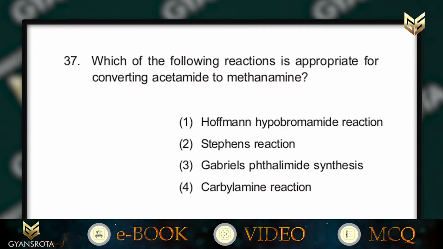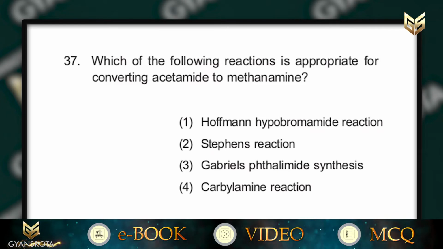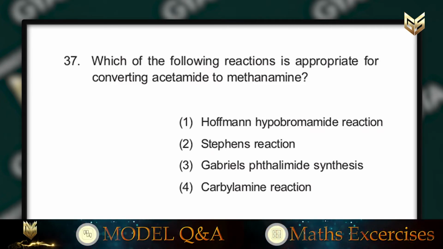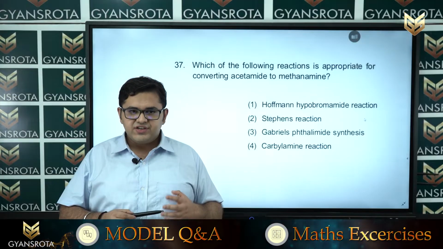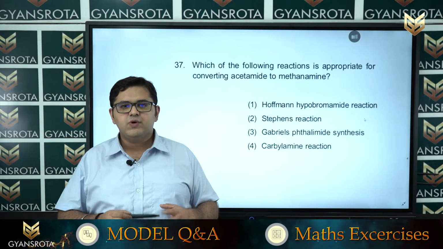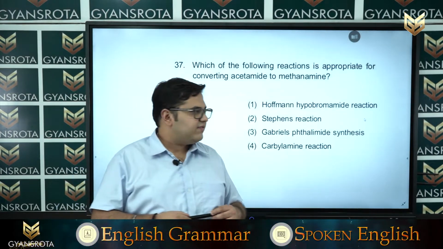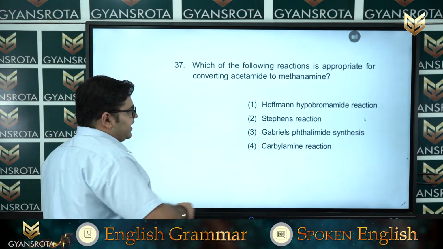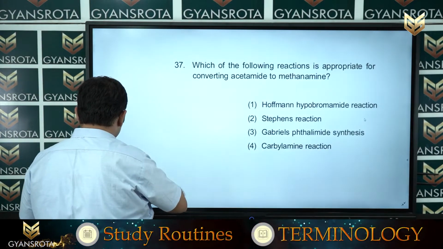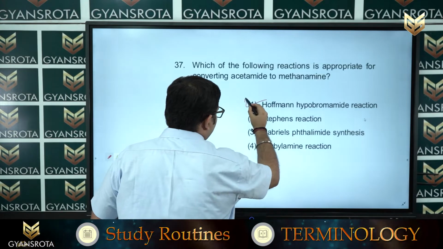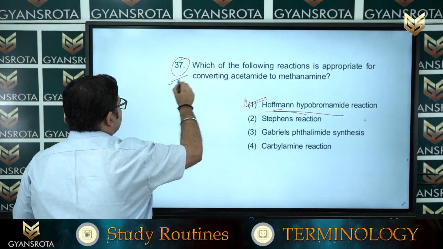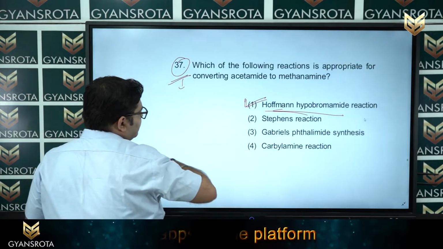Question number 37 is on your screen. Which of the following reactions is appropriate for converting acetamide to methanamide? This question comes from nitrogen containing compounds from your class 12 NCERT, and if you see, the correct option is the Hofmann bromamide. Hofmann bromamide is the correct answer of this question.